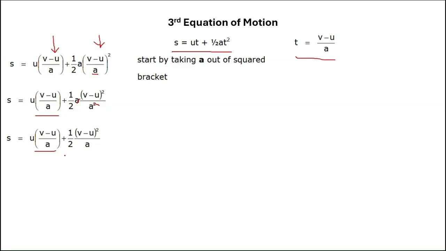Now a and 2a have a common factor. Moving forward, we remove fractions by multiplying both sides of the equation by 2a.